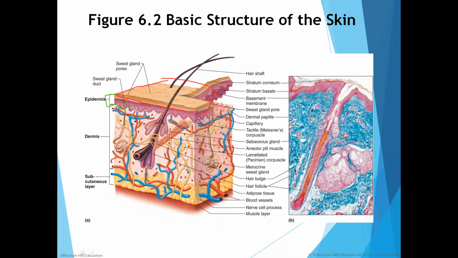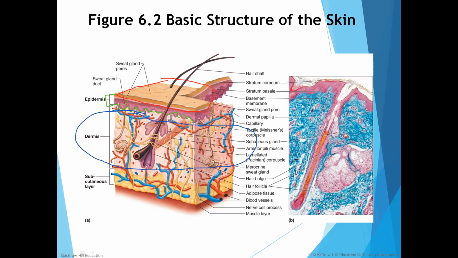Then finally, when you find that basement membrane that we look for, that's going to divide the epidermis from the dermis. Now, there is a lot going on in the actual dermis layer. So we're going to find blood vessels, different types of glands, our hair follicle, some muscles, and we're even going to find some receptors in here as well for sensory.